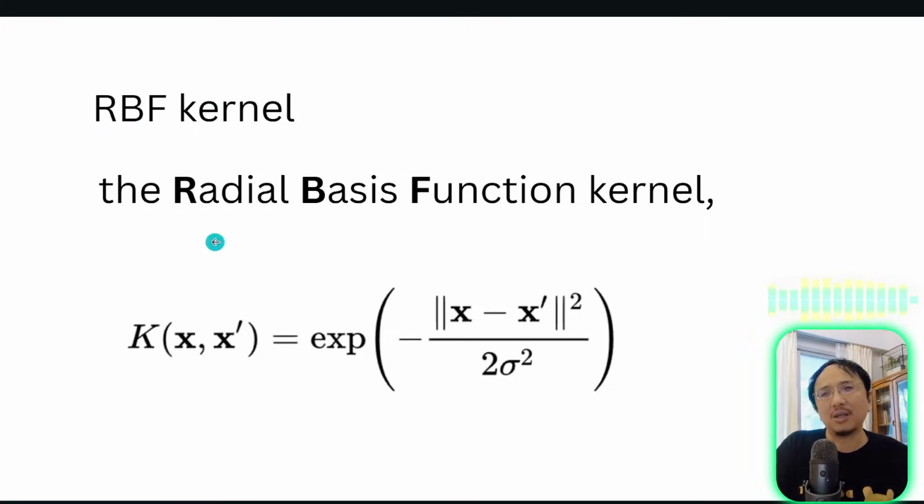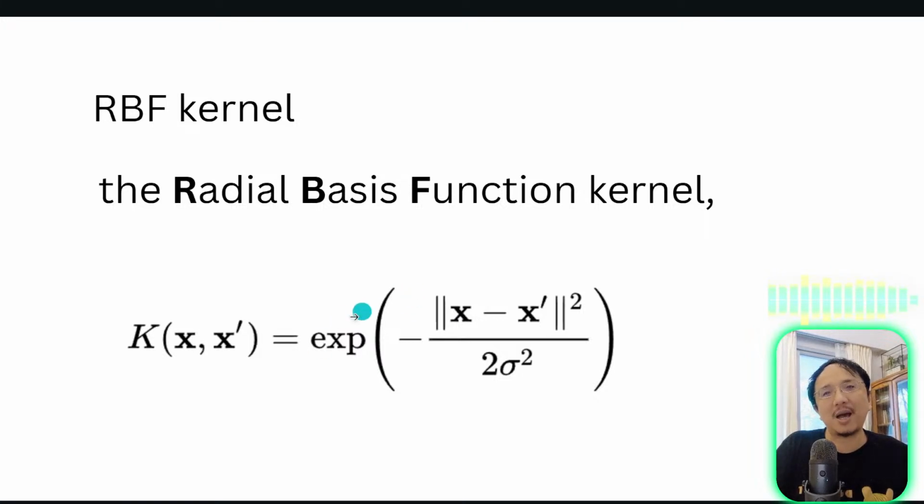The RBF kernel is considered to be quite easy. We simply consider the distance between these two guys and apply a nonlinear function on this distance.